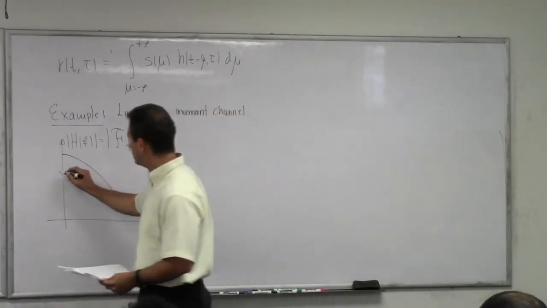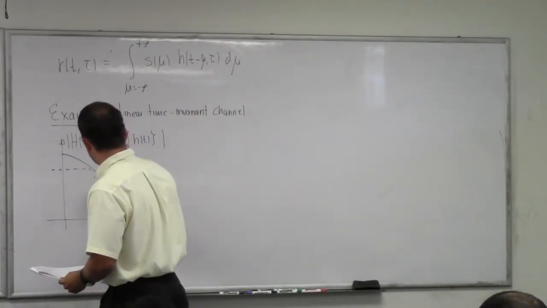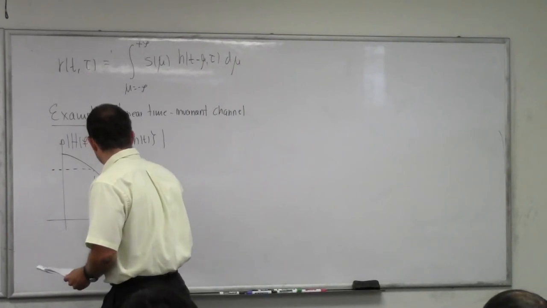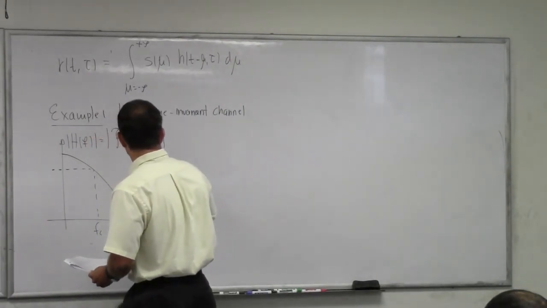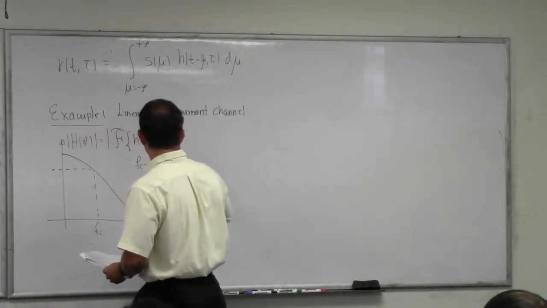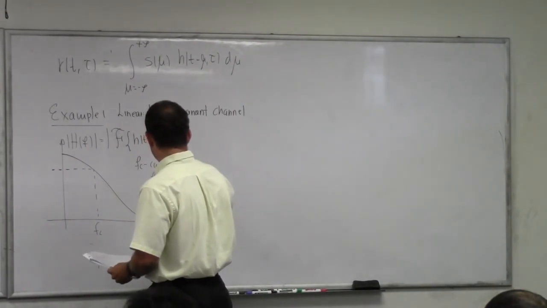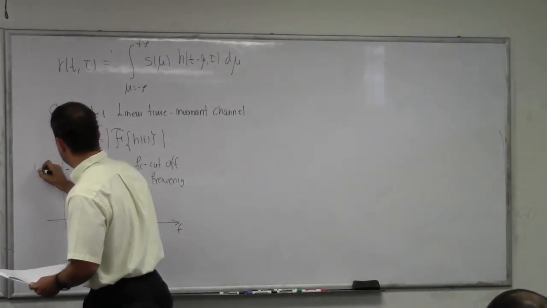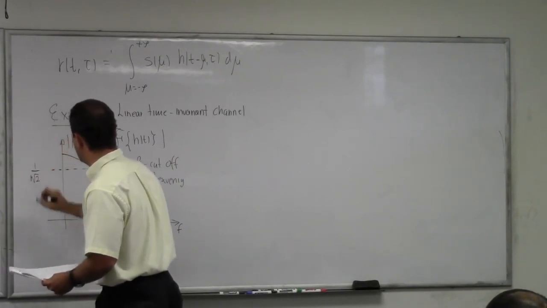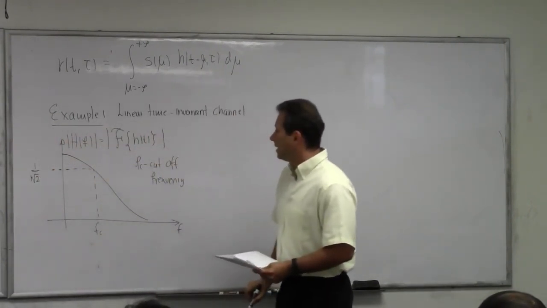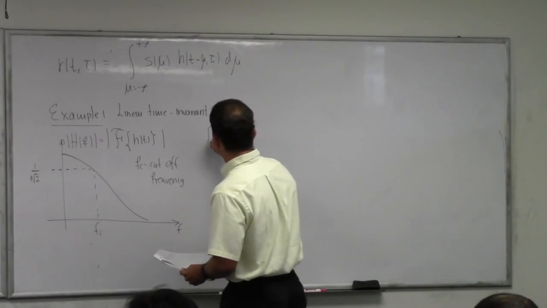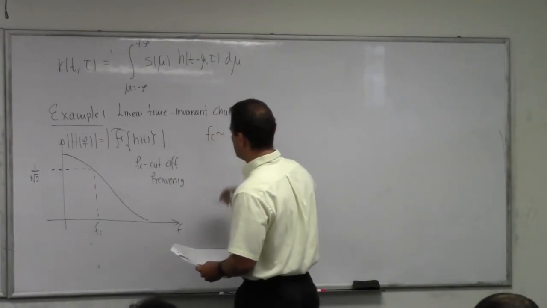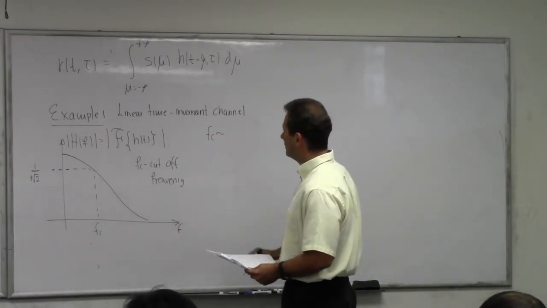We usually talk about what is called the cutoff frequency, FC, and this is minus 3 dB or 1 over square root of 2 here, and some numbers so that you get some idea.